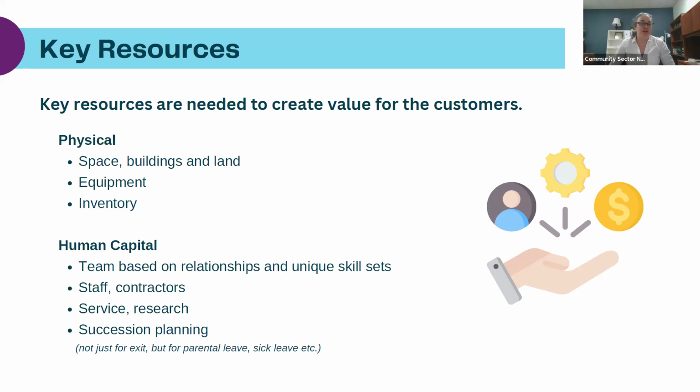And then included in that team is your staff and your contractors. An important piece of this is that it's also the connections that your team has made to other stakeholders. So those relationships that they've developed over time are part of that human capital.